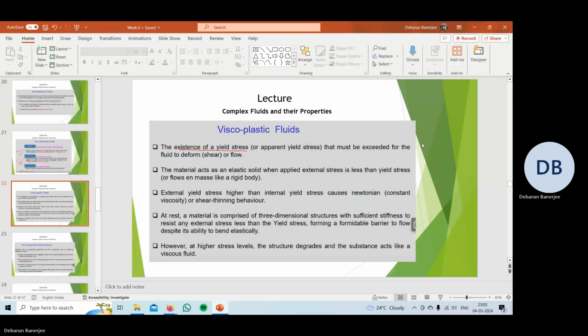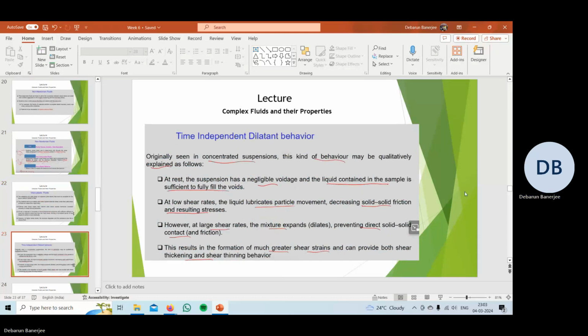At rest, the material is composed of three-dimensional structures with sufficient stiffness to resist any external stress less than the yield stress, forming a formidable barrier to flow despite its ability to bend elastically. However, at higher stress levels, the structure degrades and the substance acts like a viscous fluid.